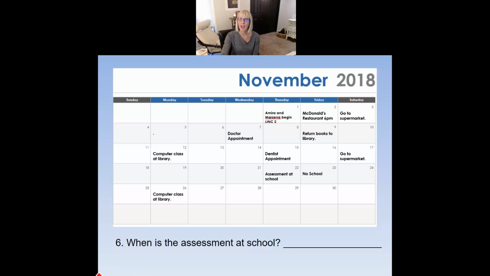When is the assessment at school? Stop and write. Number 7. Which Saturdays do you go to the supermarket? Stop and write. Number 8. What date do you go to the library?